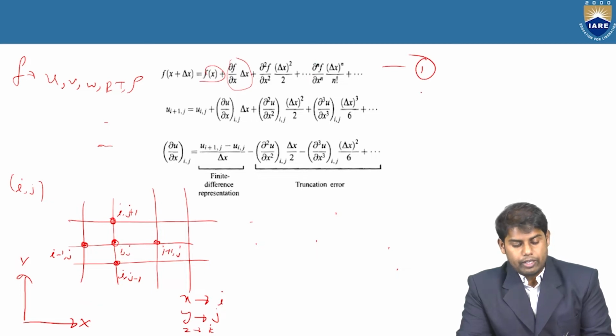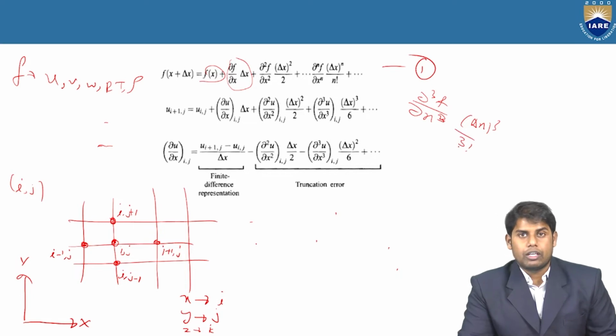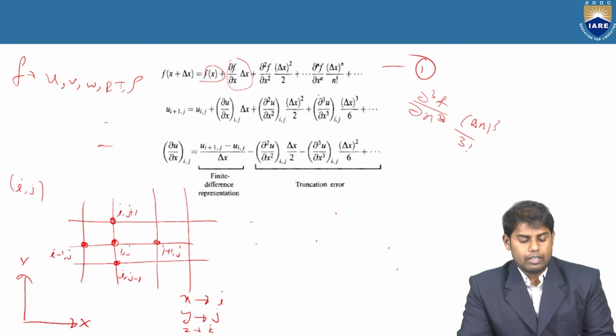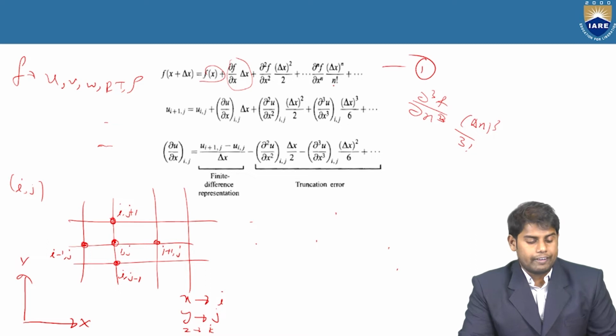The next term would be dou cube f by dou x cube into delta x cube by 3 factorial. So this is what the Taylor series has, up to dou power n f by dou x power n, delta x power n by n factorial.